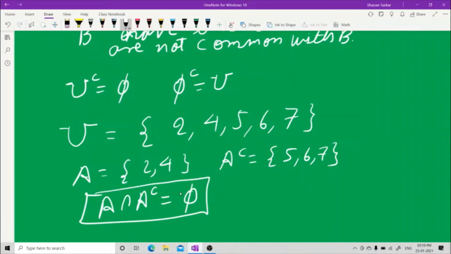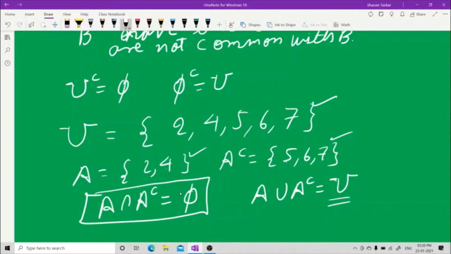A और A complement में कुछ भी common नहीं होता है. You can see, हर समय कुछ भी common नहीं होता है. And A union A complement will always give me back the universal. दोनों को union करोगे तो देखो क्या आएगा, 2, 4, 5, 6, 7, वो यही है, so you will get the universal set.